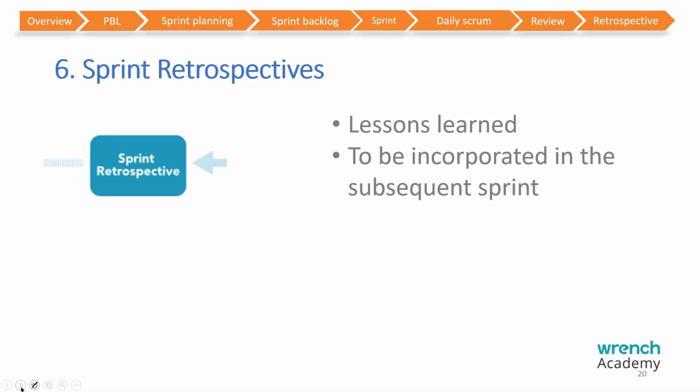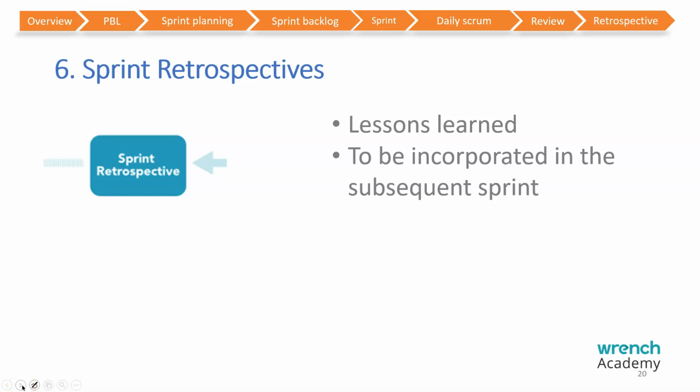Then sprint retrospectives. This is also known as lessons learned meetings. So at the end of the sprint review, we get into sprint retrospective meetings. Here we discuss what all things we did right and did wrong, and the learnings are incorporated into the subsequent sprint planning meetings.